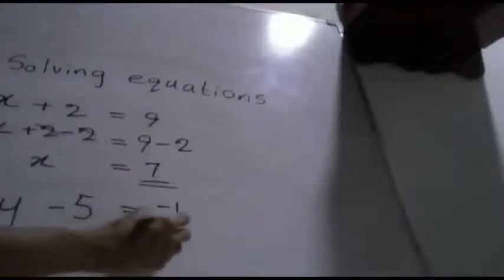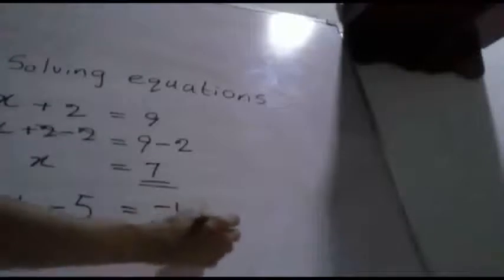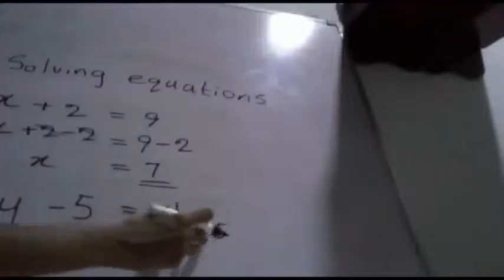We add 5 to both sides. y subtract 5 plus 5 is equal to negative 1 plus 5. Or it is equal to y equals negative 1 plus 5.